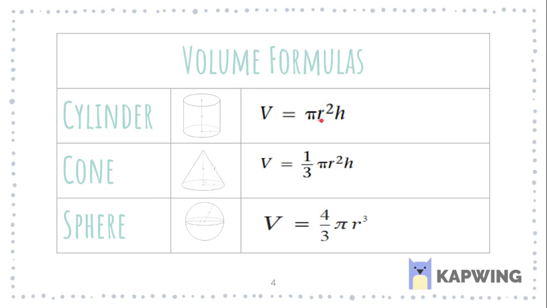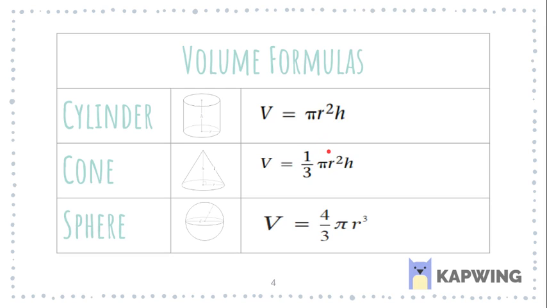Volume equals pi r squared h. R is going to stand for radius, which goes halfway through the circle. So pi times radius squared times height.